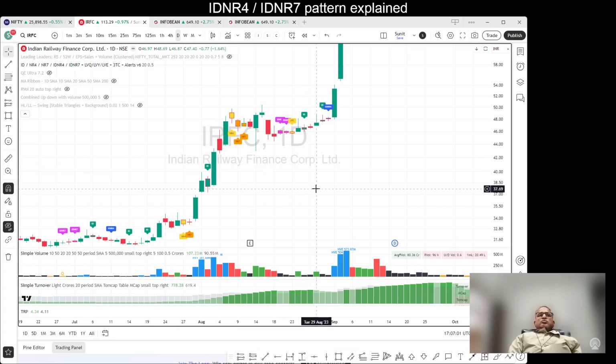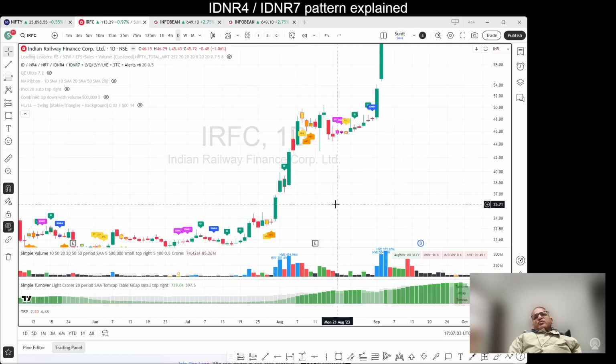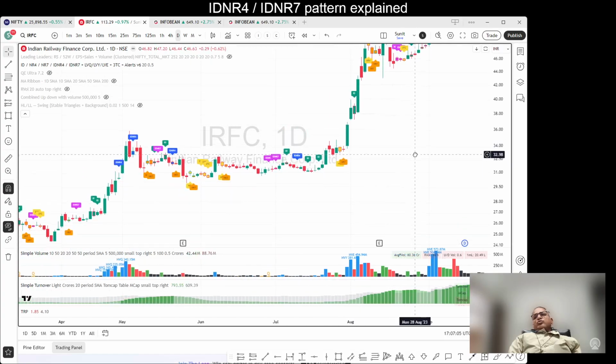So how to trade these setups? When you see these signals on the chart, you will find a lot of signals. We can't trade all of these. We have to trade in context. Buy above the high of the signal candle, sell below the low of the signal candle. Wait for the breakout. Do not predict.